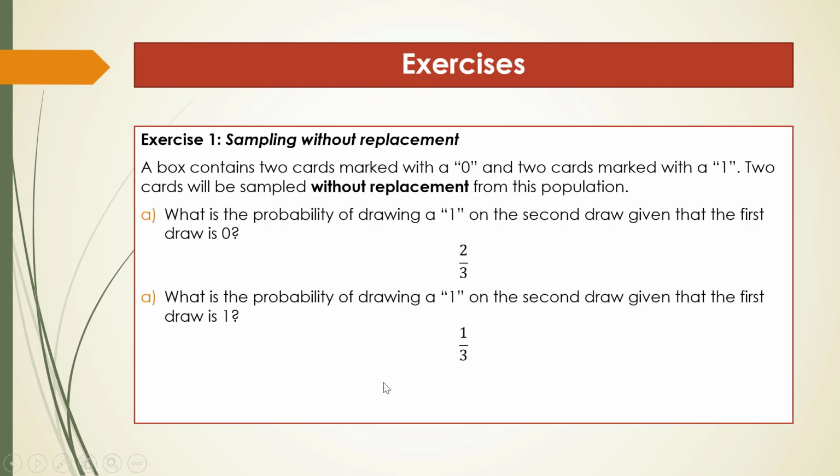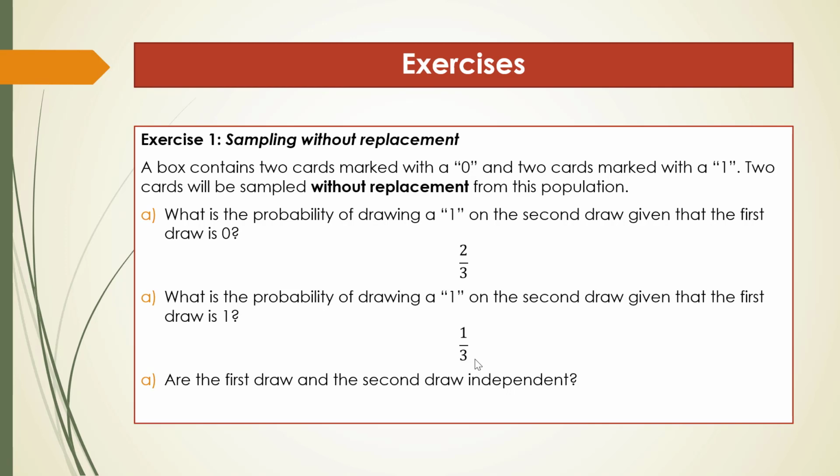So you see that the outcome of the first draw does affect the outcome of the second draw, because if the first draw is 0, the probability of getting 1 as the second draw is 2/3, but if the first draw is 1, the probability of drawing a 1 on the second draw is 1/3. So here, the occurrence of the first draw does affect the occurrence of the second draw.